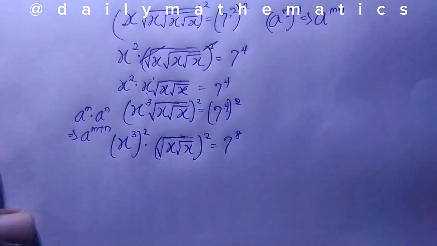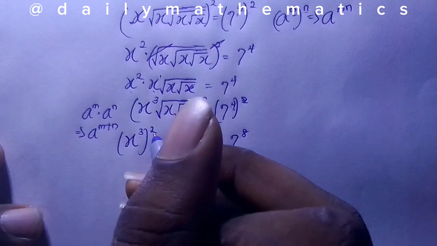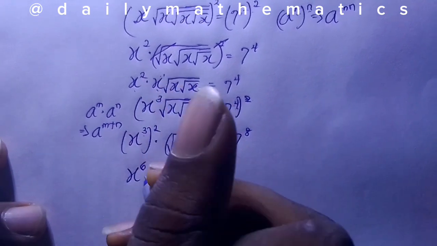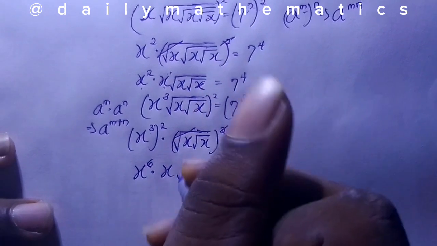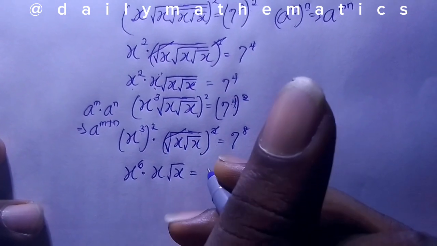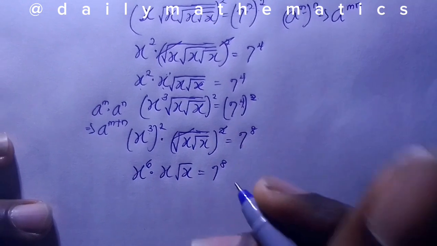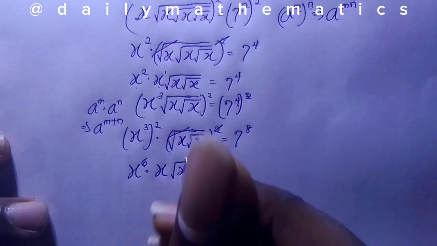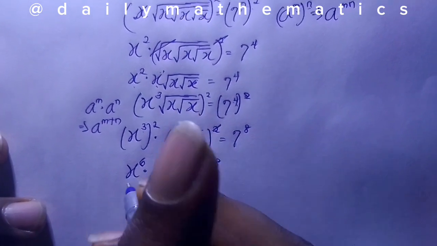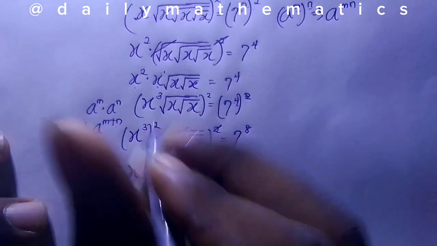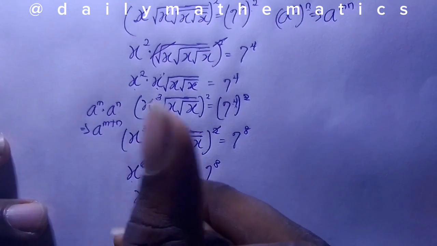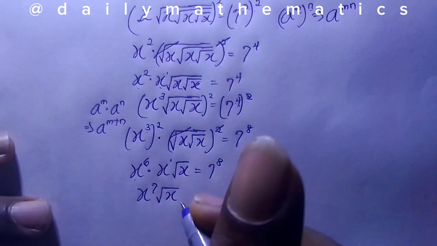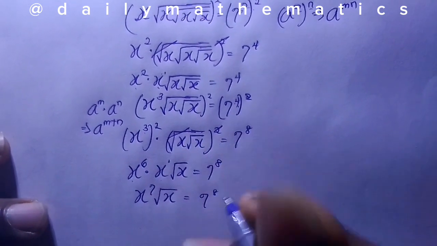Here we can also multiply the powers, so we have x raised to the power of 6 multiplied by, square cancels square root, x root x equals 7 raised to the power of 8. The bases are equal, so we have x to the power of 6 plus 1, which is 7, root x equals 7 raised to the power of 8.